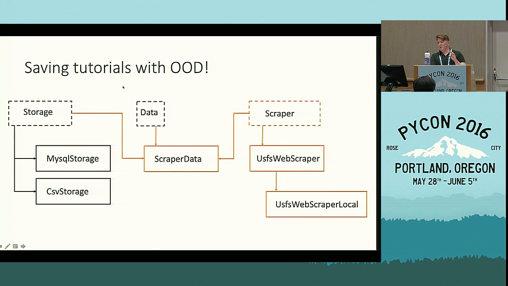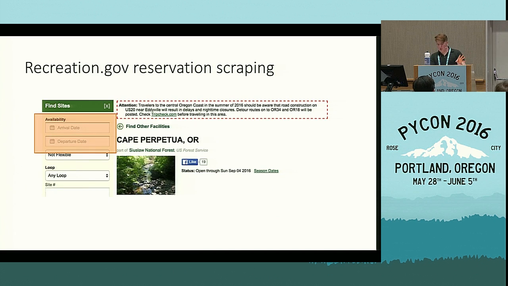Okay, so now we've built up data from RIDB and data from these web pages, and now we're going to add this final piece, which is getting reservation information from the recreation.gov interface. Most of these things are maintained by the same agencies, which is interesting, that it doesn't all have consistent data.